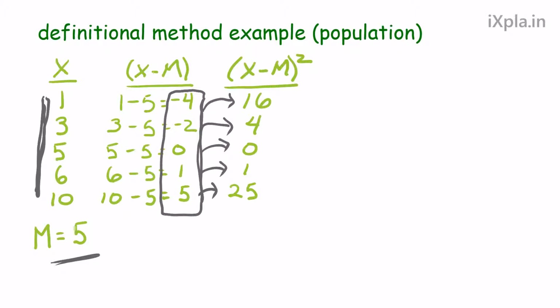Okay. The next thing we want to do is compute something known as the sum of squares. And that is the sum of the squared deviation scores. That's basically adding up this column right here. That'll give us 46. Now, why is it called the sum of the squared deviation scores? Because that's exactly what it is.